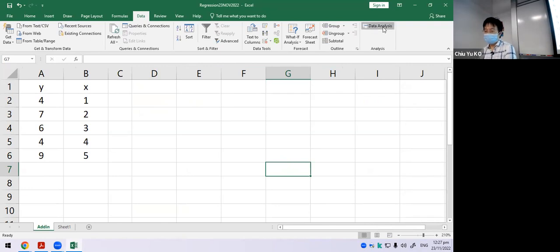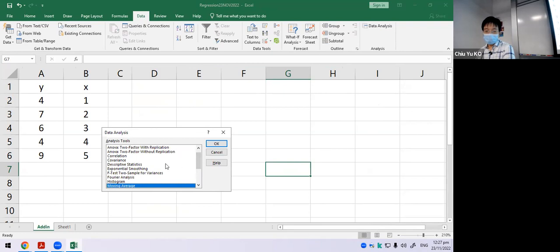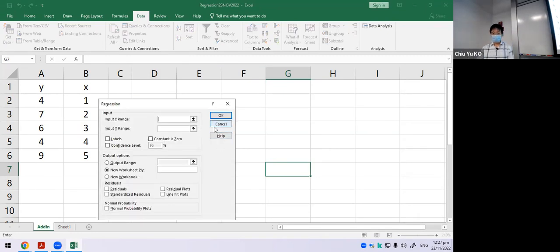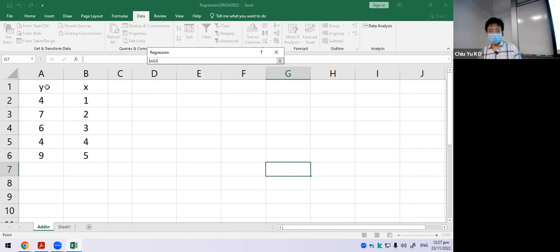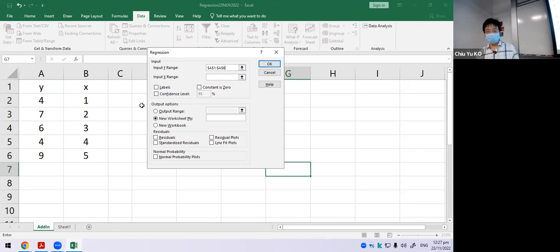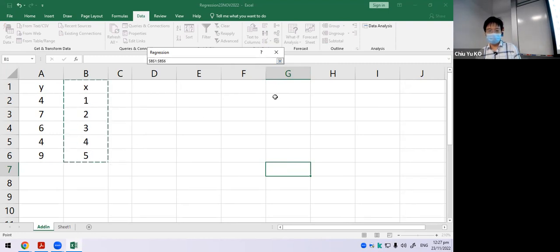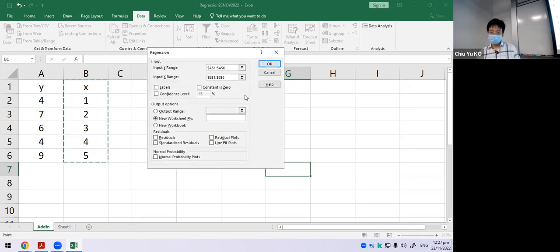I start Data Analysis, and go down. There's Regression here. Then it's very simple. I just need to tell it what my y is and what my x is. The first one is where to put the y. You tell it from A1 to A6. For some reason, you cannot just give it the column. For input x, it goes from B1 to B6.